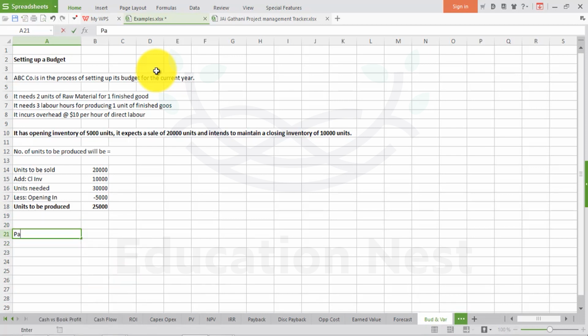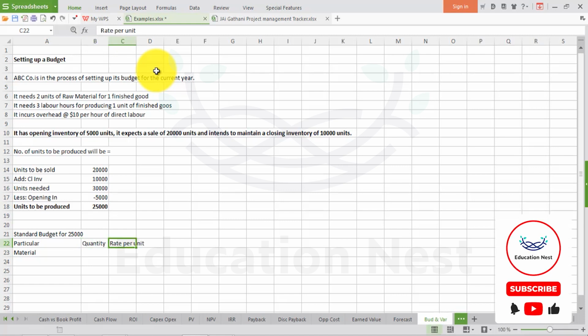So what we're going to do is prepare a standard budget for 25,000 units. Material per unit: quantity needed, rate per unit, and the amount.